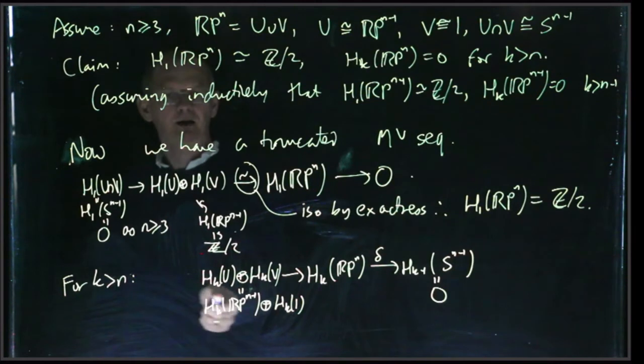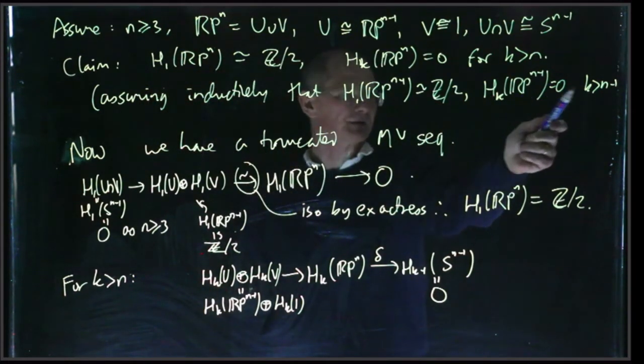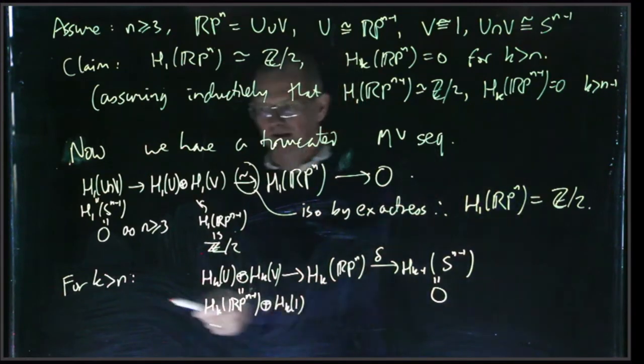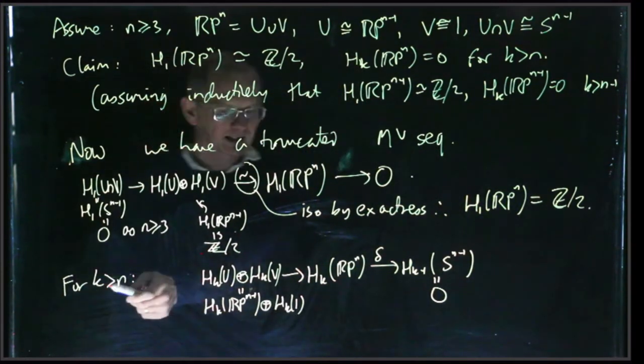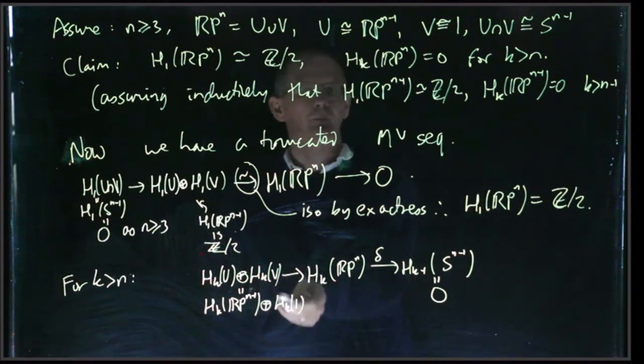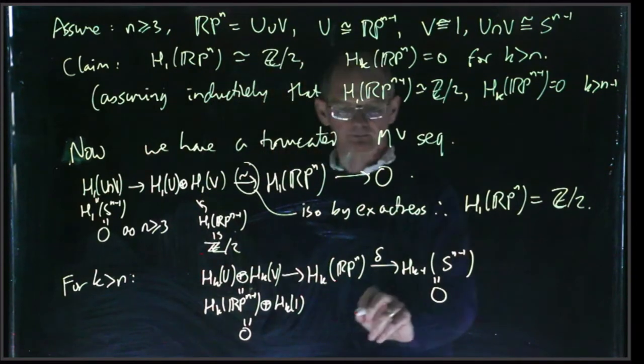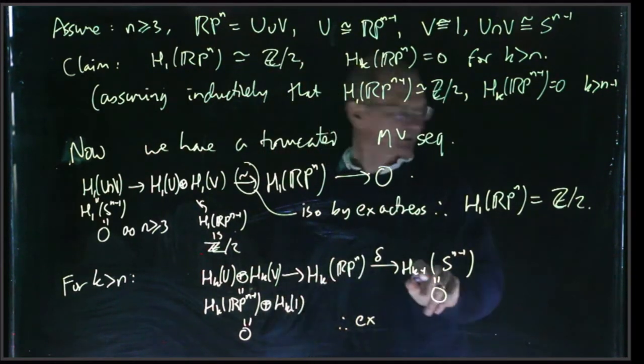By our induction hypothesis, Hk of RPn minus 1 is 0, provided k is bigger than n minus 1, and actually k is bigger than n, so this group is 0, and of course Hk of the point is also 0. So here we've got this group sandwiched between a 0 and a 0.